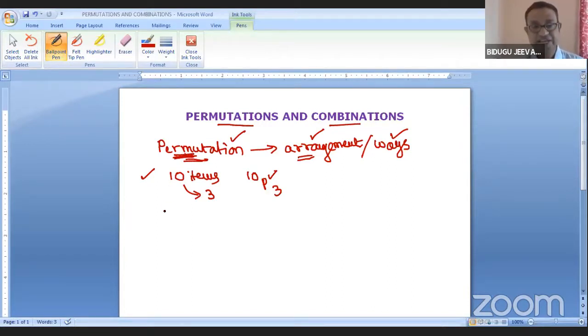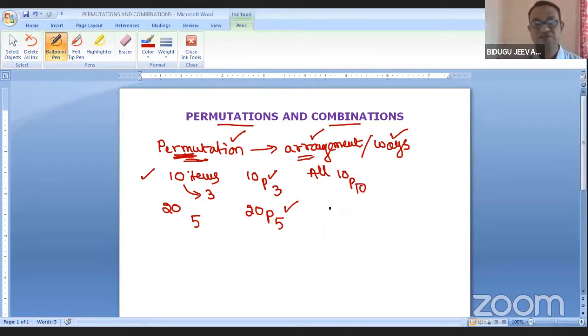Suppose 20 items are there. I want to take 5 items. Your answer is 20P5. So this is called the expression, how to express it in a mathematical way. Sir, how to simplify? The simplification part is later. See, now I'm taking all items. It is nothing but 10P10.